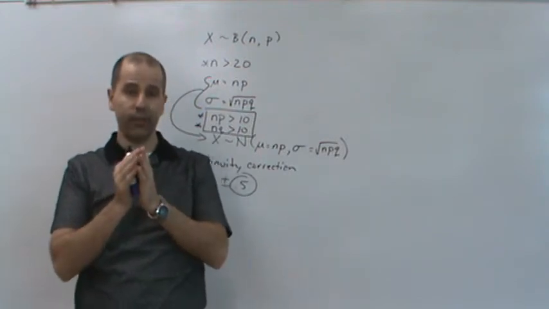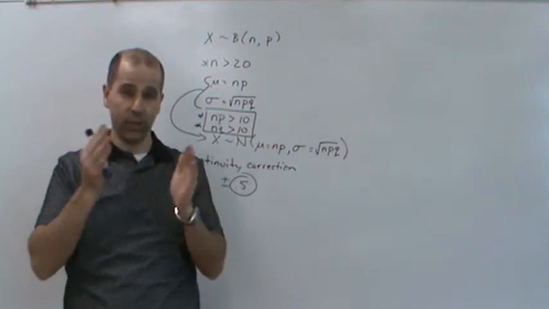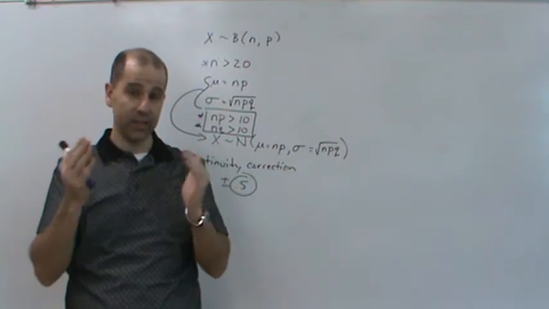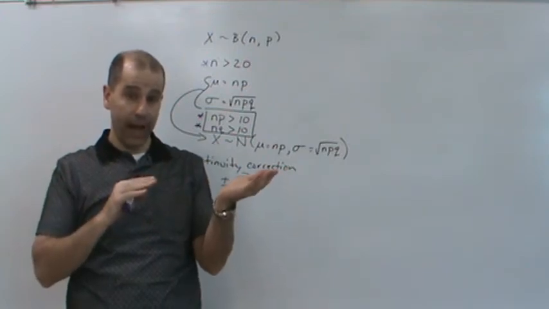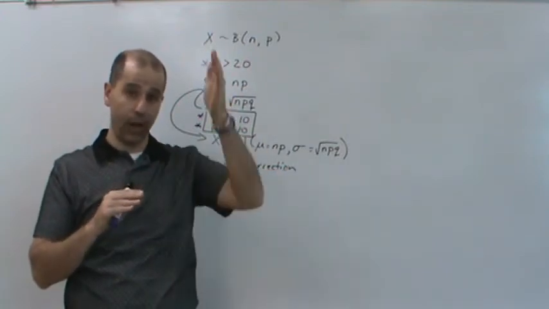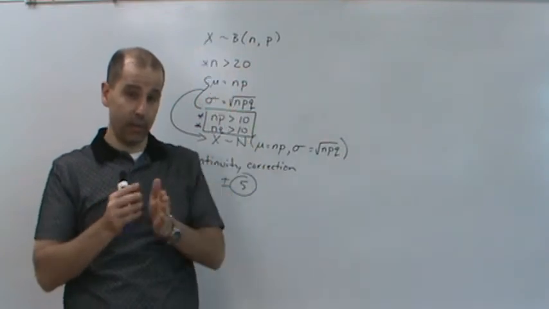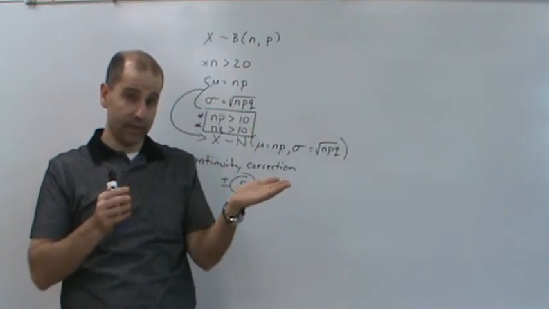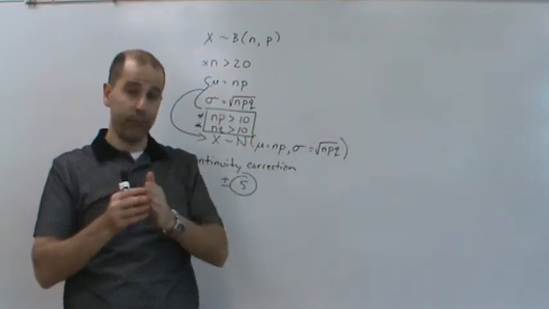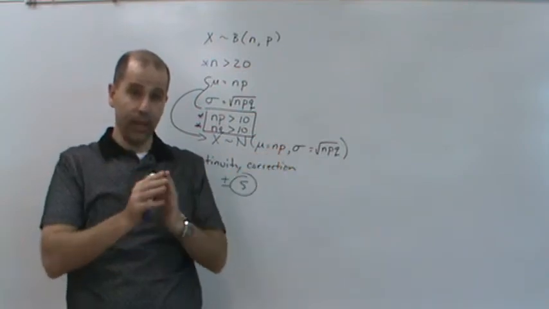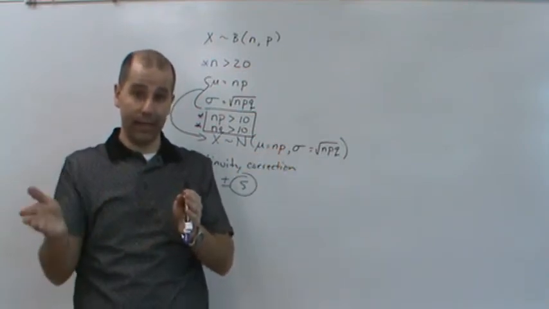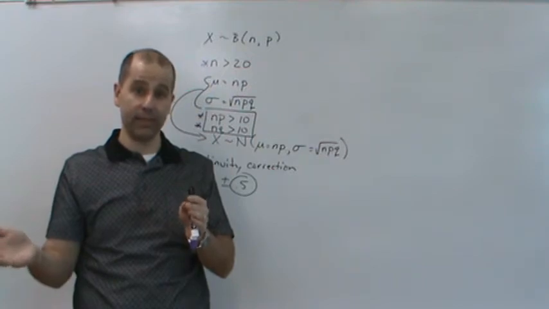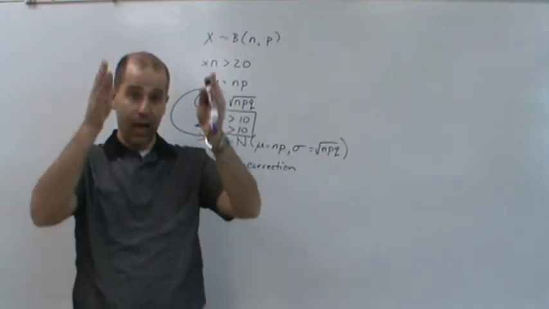How do we get from one class to the other? We add and subtract 0.5 to get to the boundary. One boundary is 0.5 above the x value, and the other boundary is 0.5 less. So that's how we get our bars.